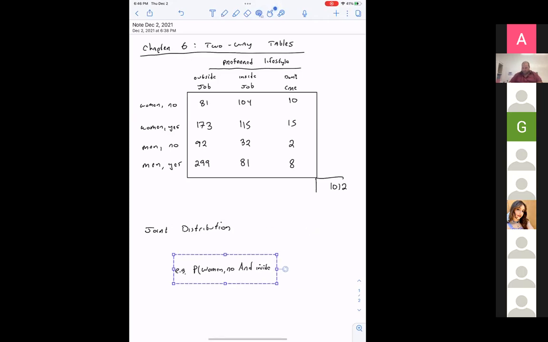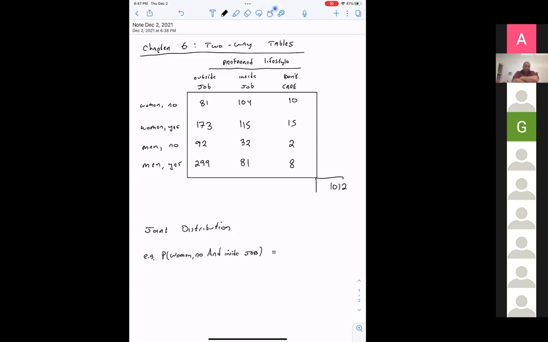What's the probability that a woman with no college is also someone who prefers to have an inside job? The third column is don't care. In other words, people say, I don't know, whatever. Inside, outside makes no difference to me. I don't care. So what is the probability that a woman with no college wants to have an inside job? As a fraction, what would that be?